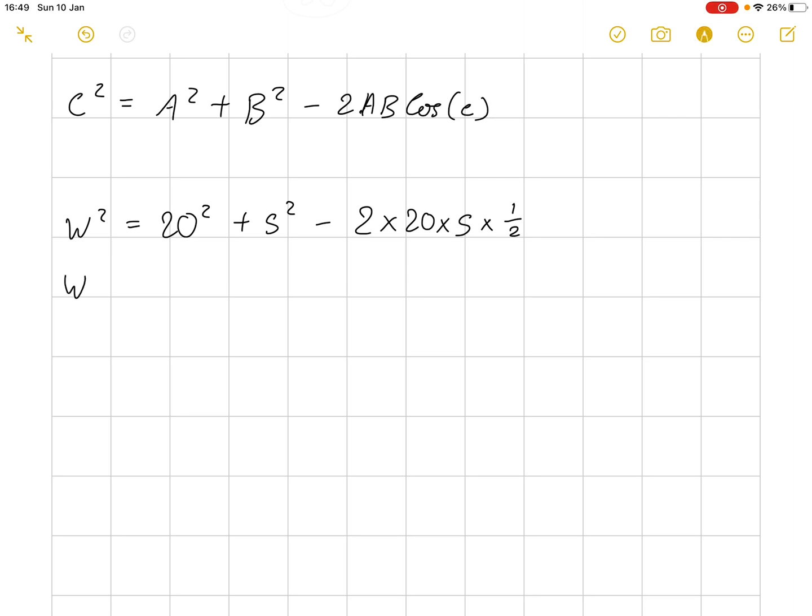So w squared is equal to 400 plus 25 minus 100, which is equal to 325. And lastly, we have to take the square root.